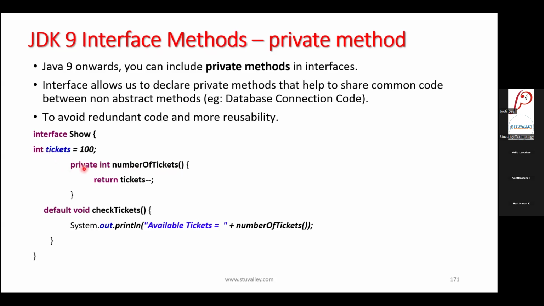By default, the methods are with public accessibility, but you can write a private one also. If you are writing any private member, that means this can be accessed only within this interface. So to call this method, you need to write one more method, that is a default method, to call this private method. Okay. So we will do one example.